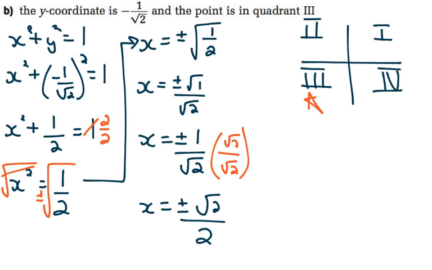We know our point is down here in the bottom left. With that point being there, we're on the negative side of the x-axis, so the x-coordinate of that point has to be negative. So we'll reject the positive, so in this case, x just equals the negative square root of 2 over 2.